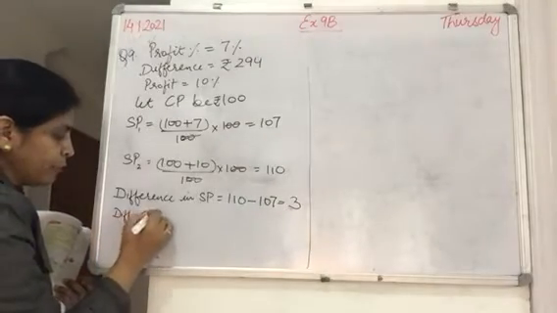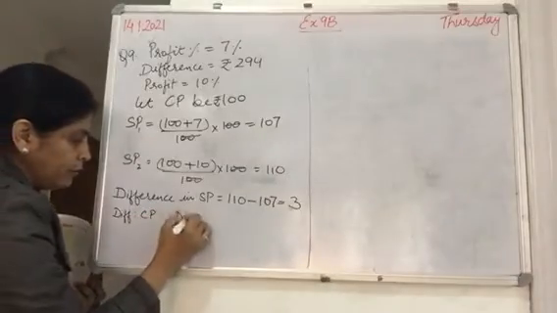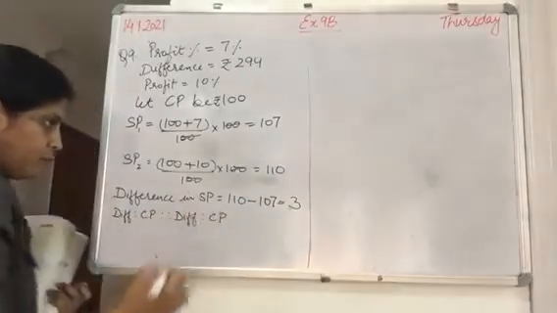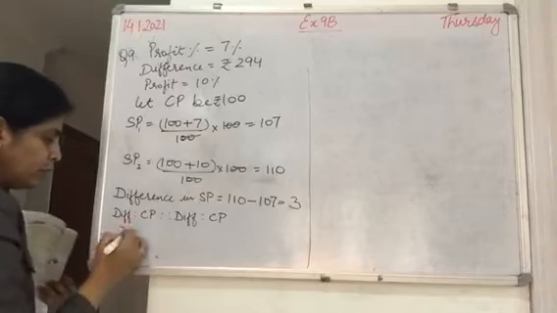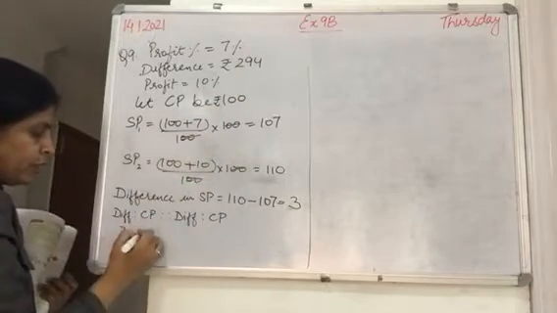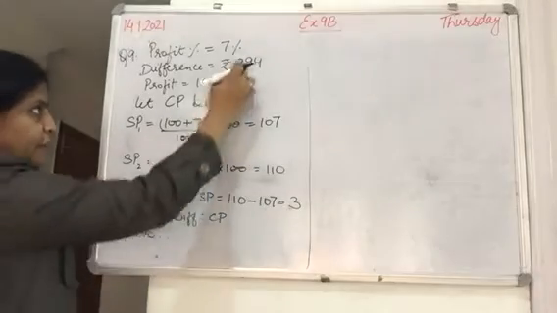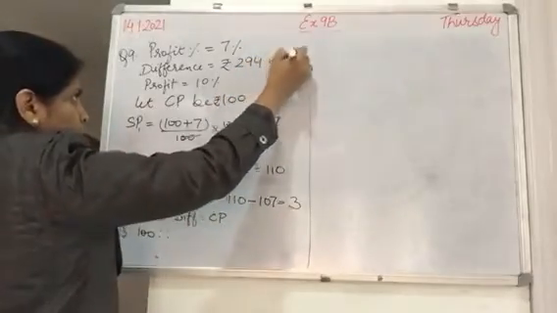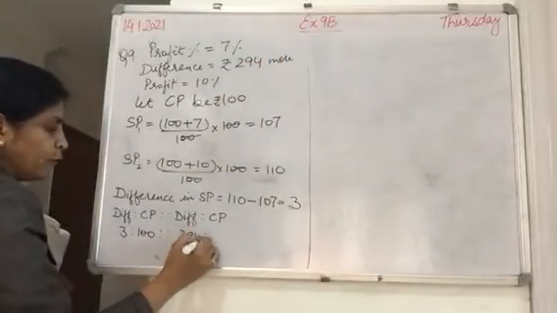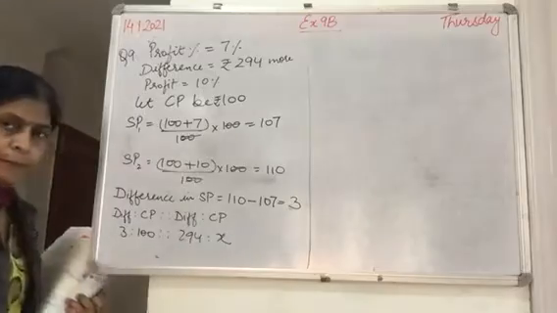Yes. Now we will do the proportion method. Difference is to cost price such that difference is to cost price. Now difference is 3, so cost price is 100. And when the difference is 294, cost price is x.